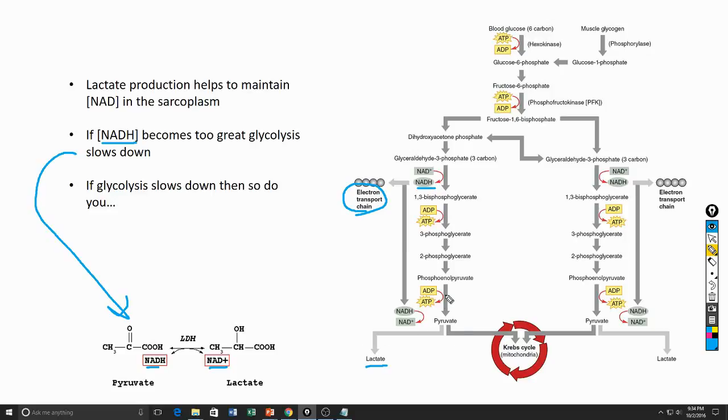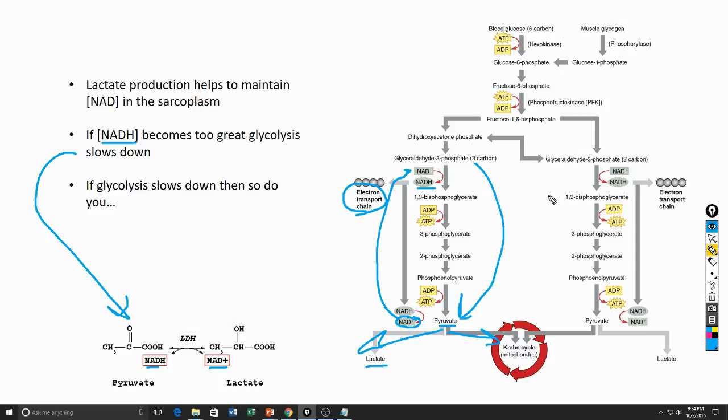This is a single step right here. Instead of me going here, if I go here, I can regenerate this, bring it back over to here, and I can keep letting this process go, all right? I can keep recycling, and I can allow glycolysis to keep flowing.